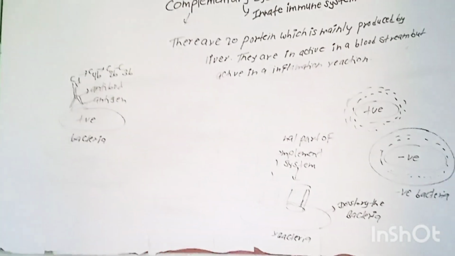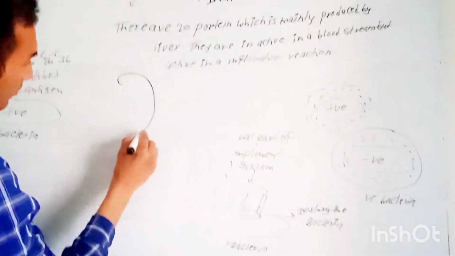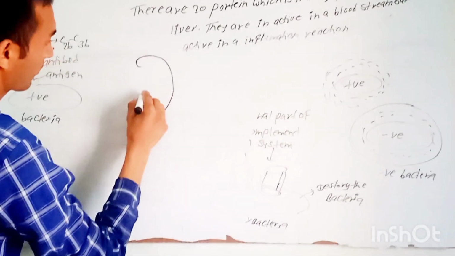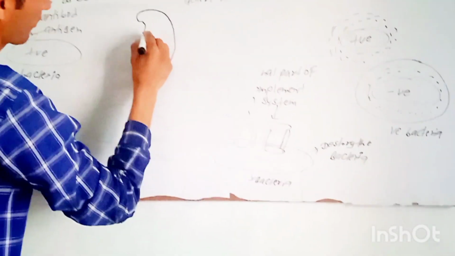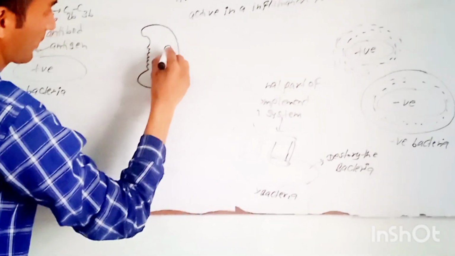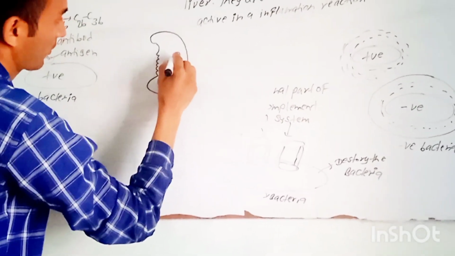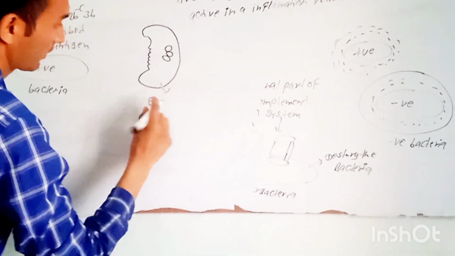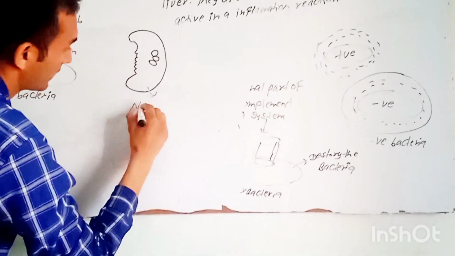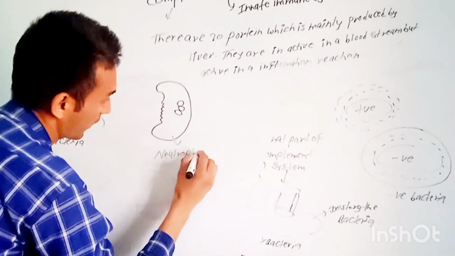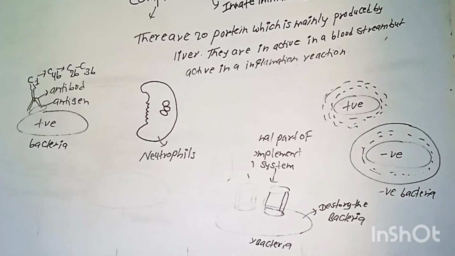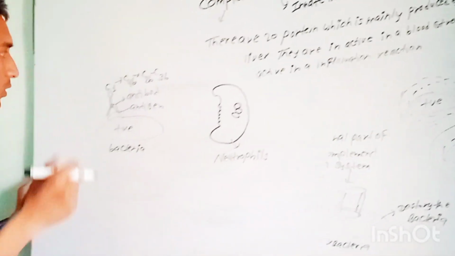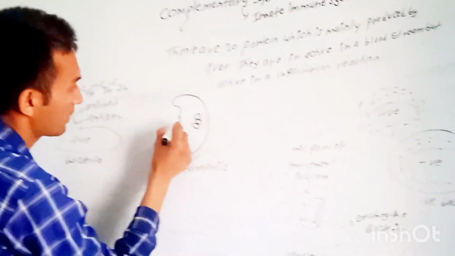Then the bacteria can be destroyed by a neutrophil. The C3b protein receptor is present here.